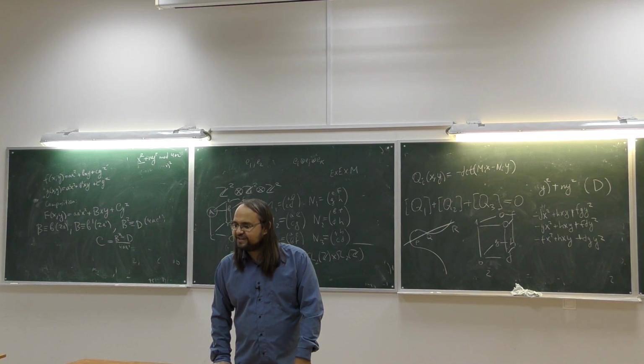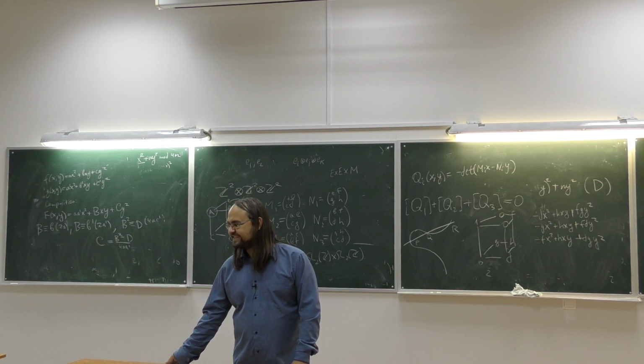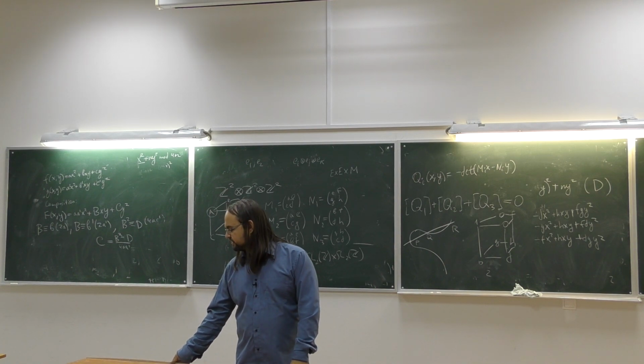I cannot really tell you now because I don't really understand the... Class group is not an arbitrary abelian group. Yeah, class group is of course not an arbitrary abelian group.